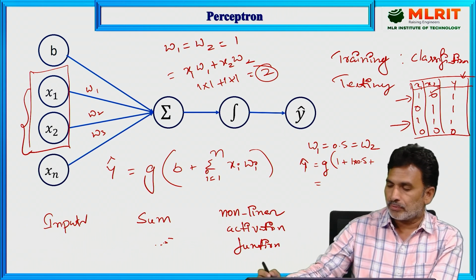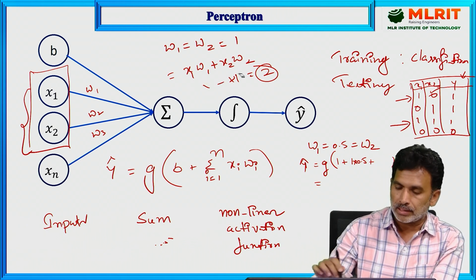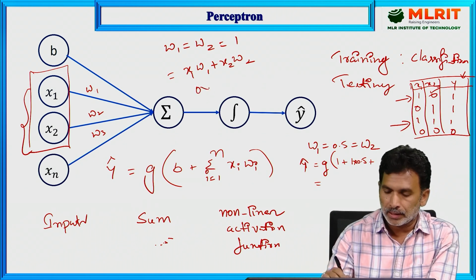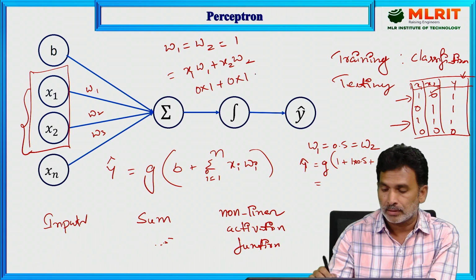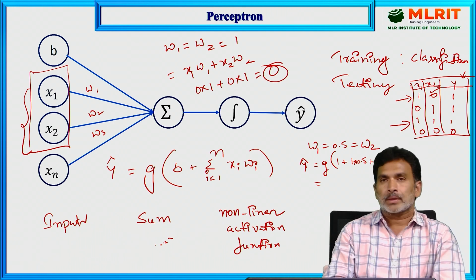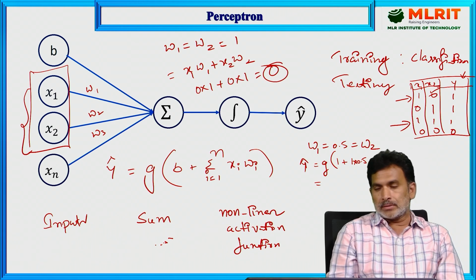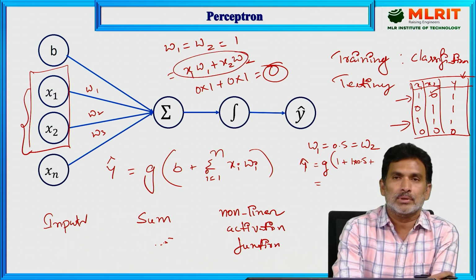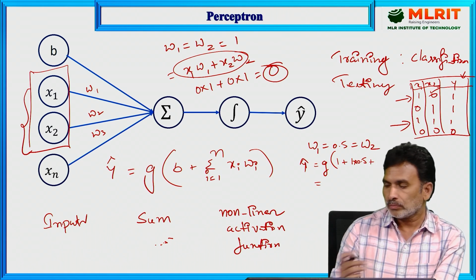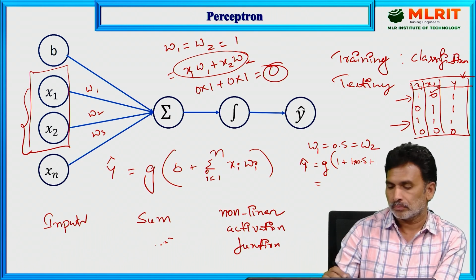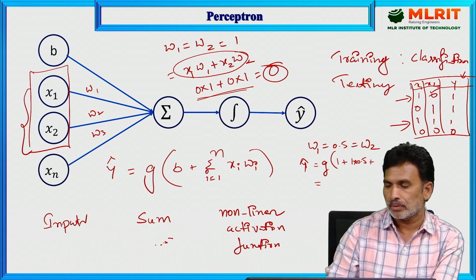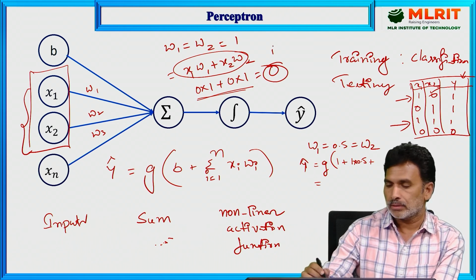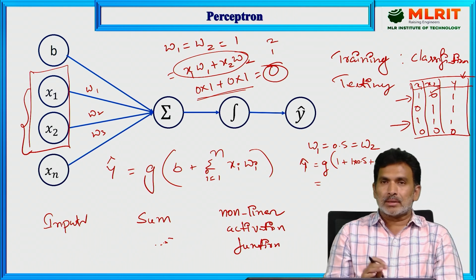And if you take the last instance, where x1 and x2 are 0, then 0 times 1 plus 0 times 1 is equal to 0. As per this equation, the value is 0 when both inputs are 0, and for the remaining it is 1 or 2. So these are the outputs.